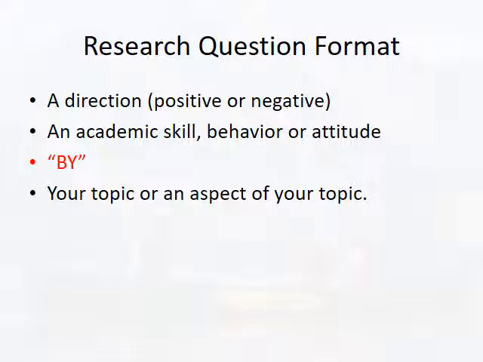Then you have the big 3 in the second bullet point: an academic, a behavior, or an attitude. So think about it like this. Anything that you do with your class or your students, more often than not, the vast majority of the time, hopes to impact one of those 3 things. Either you want to do something academically, you want to give them information, which is what most of us do for a living.